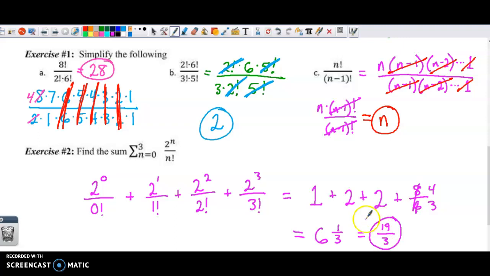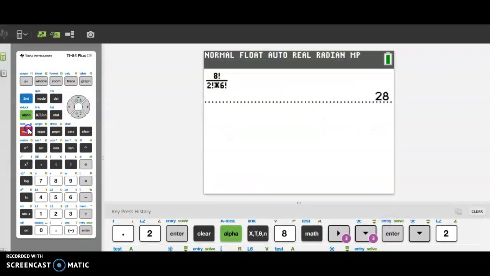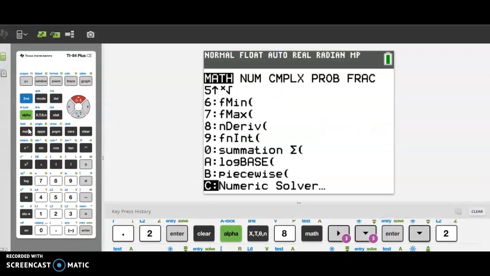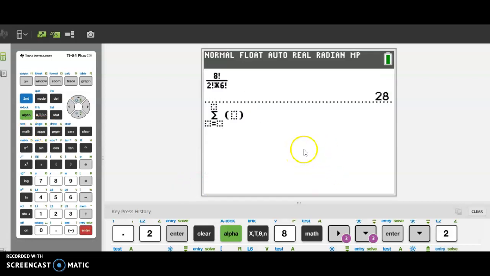Which again, I'm not numb to the fact that your calculator will do this stuff for you. So just to give you a heads up, if you hit that math tool, there's something down here that even looks like the sigma summation, and you can set up your equation. You can even use n if you want.